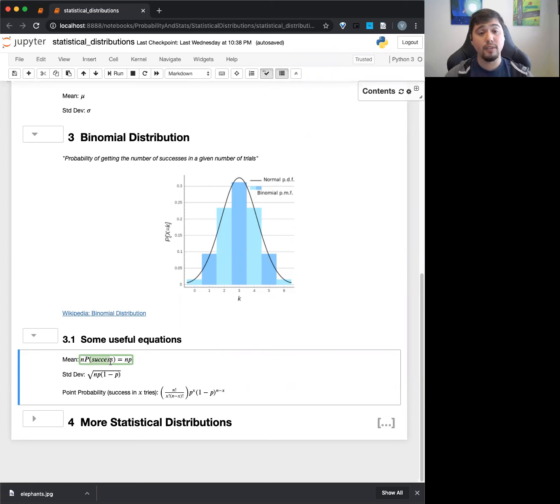If the probability of flipping heads is 1/2 and we have n = 10 trials, 10 times 1/2 is 5. So just n times the probability of success. Pretty straightforward. Standard deviation is something similar, again with the good old square root. You can pull this up and then I just pull up the point probability. Don't worry about this too much. You can find all this on Wikipedia, because Wikipedia is amazing.